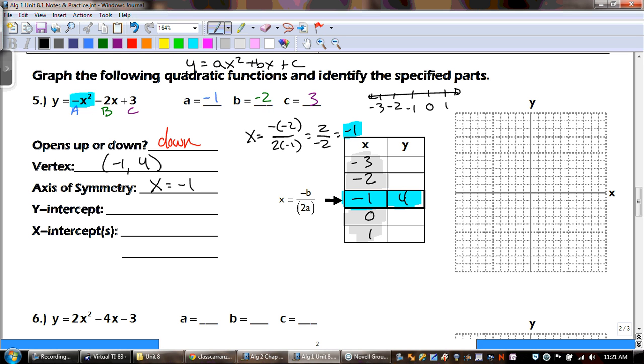So, a couple things that we know already. I know my axis of symmetry is going to be right here. That line is going to cut this in half. I know my point, -1, 4. That's our vertex.